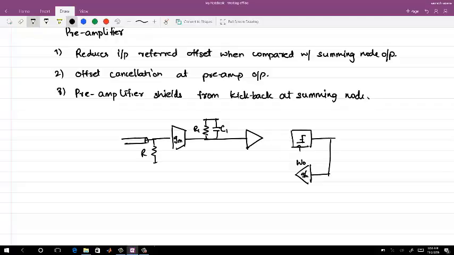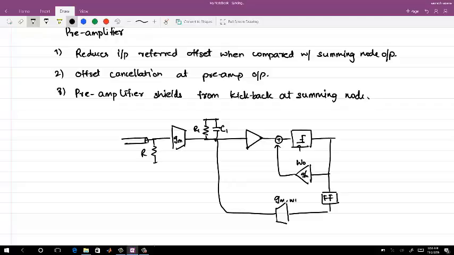I can do this here, and for all other taps, I still have W1, which is basically, let me write it as GMW1, which adds up to this node, right?